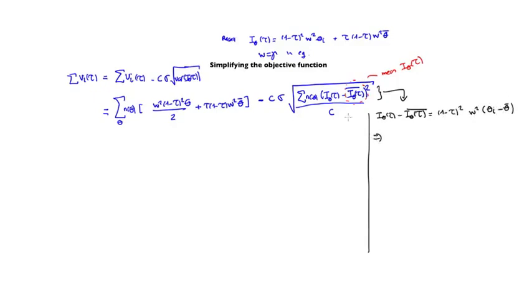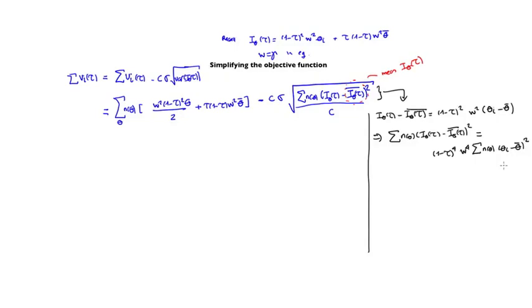But this implies that this term on top, the sum of n theta times (I theta tau minus I mean theta tau) squared, is just equal to (1 minus tau) to the fourth, w to the fourth, the sum of n theta (theta i minus theta bar) squared.